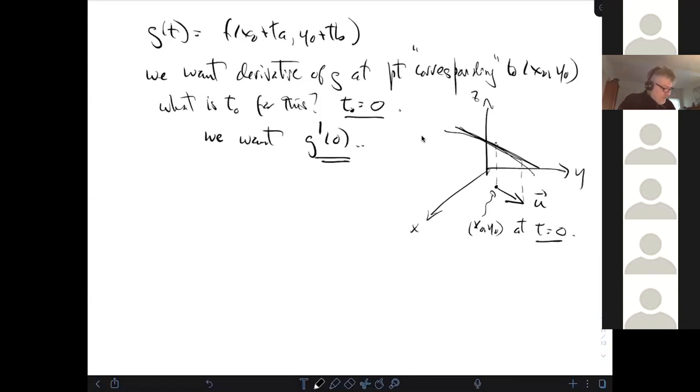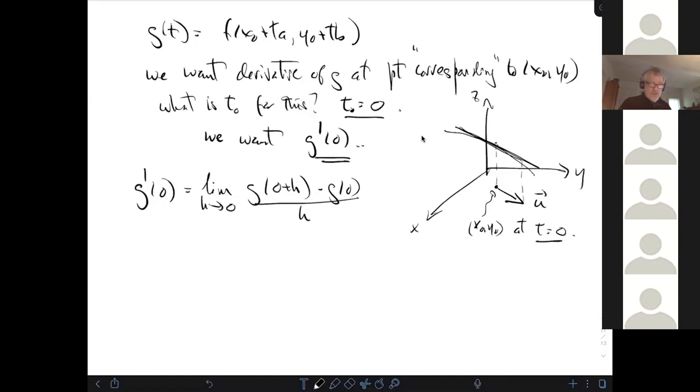I know this is a little heavy, moderately heavy, not super heavy. I'm just going to finish the computation of g prime of 0 and see how far we can go without boiling your brain. So again, g prime of 0, by definition of the derivative, is the limit as h goes to 0 of (g of 0 plus h minus g of 0) divided by h.